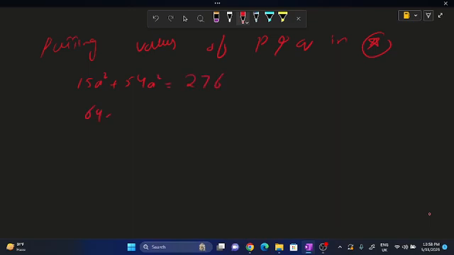That gives you 69a squared equals 276. So a squared can be written as 276 over 69, and a squared equals 4.